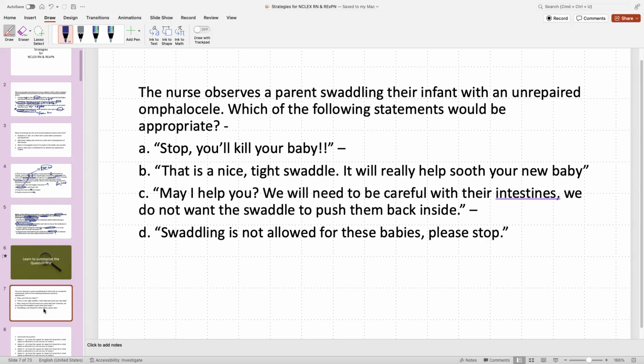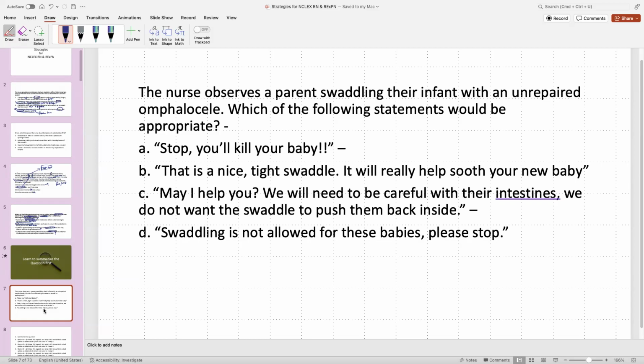I will eliminate this one. Then the third one, may I help you? We will need to be careful with their intestines. We do not want the swaddle to push them back inside. I will put this one on the side because from the question, it seems that the parent might need a little bit of help.